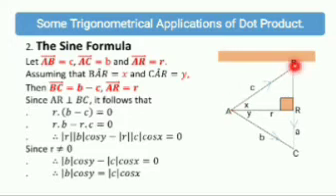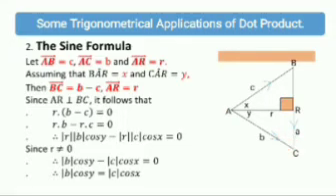Now, looking at this triangle, if you follow this arrow, AB plus BC is equal to AC. According to this arrow, AB plus BC is equal to what? AC.